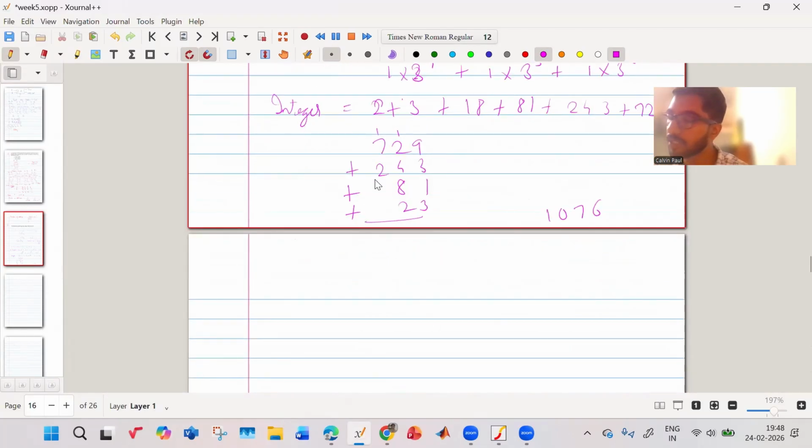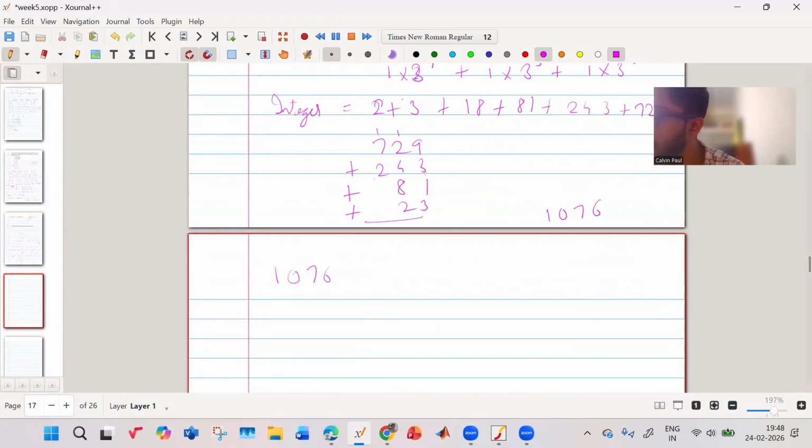Okay, we got it. Sorry for the confusion. It was 1076 in base 10.